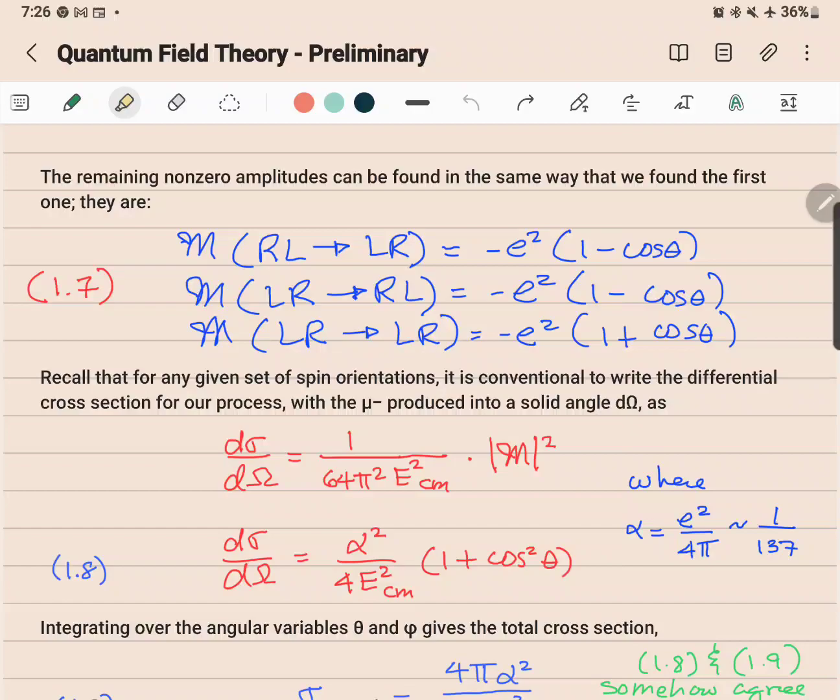So you will get that amplitude squared, and then you use this identity, and divide again everything by 4, because you're doing spin averaging. That's why you will get the whole thing to be this.